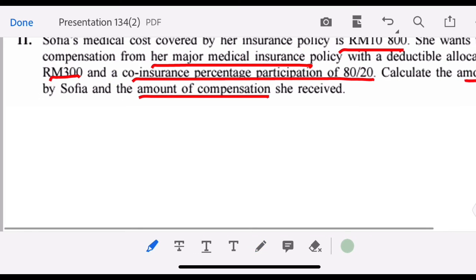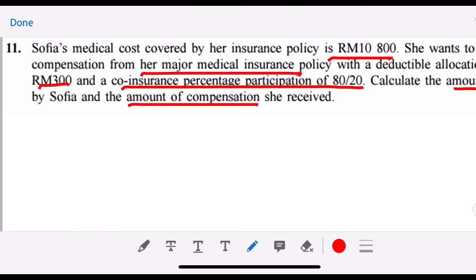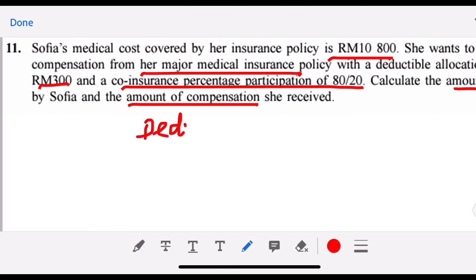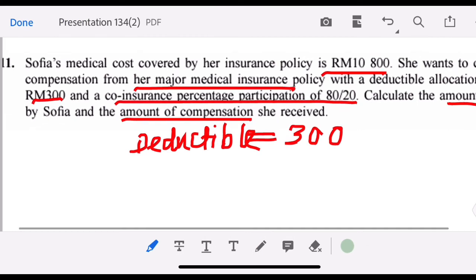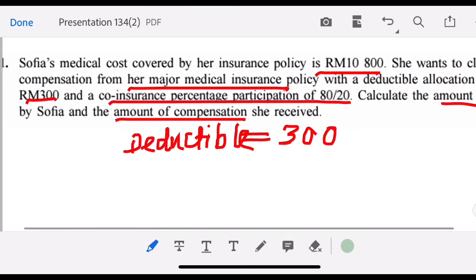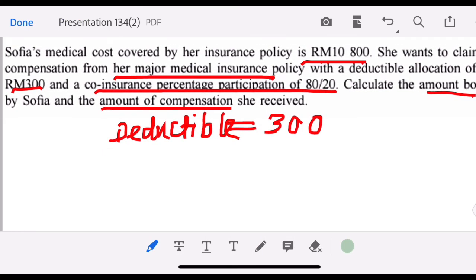Okay, so in this case, the deductible amount is there, so we need to minus out 300 ringgit Malaysia. And then we see she wants to claim compensation from the medical insurance policy. Let's see, calculate the amount borne by Sophia.